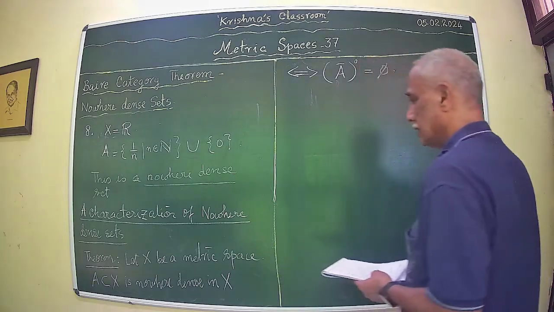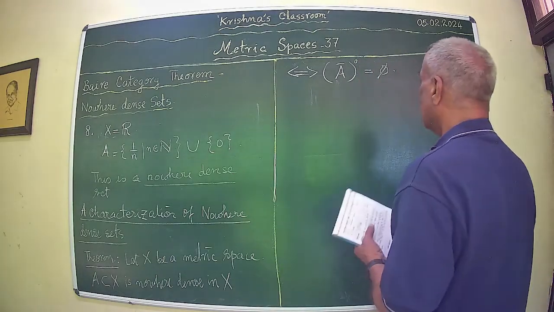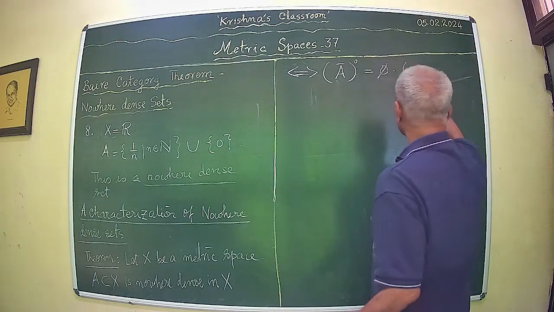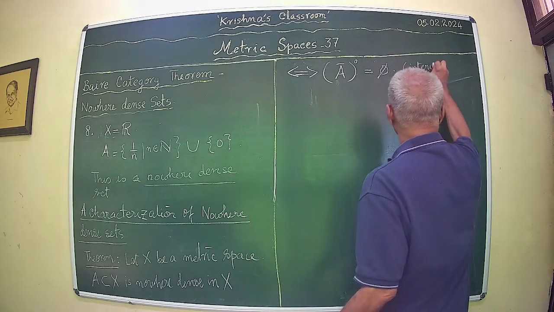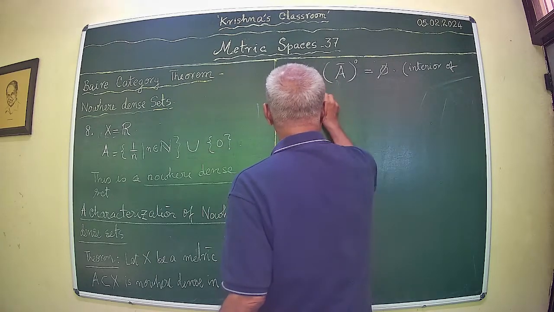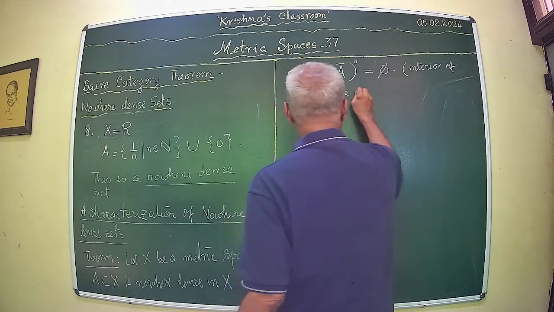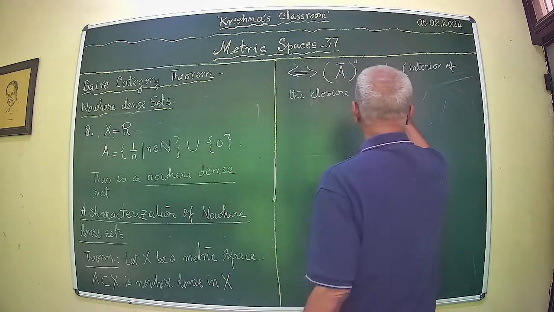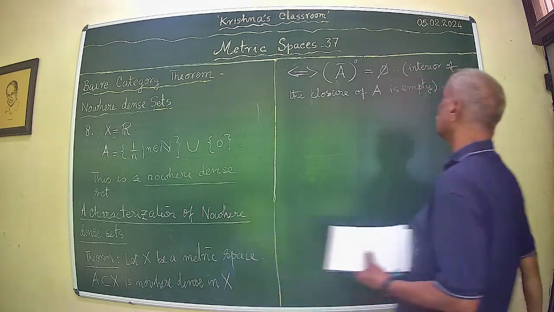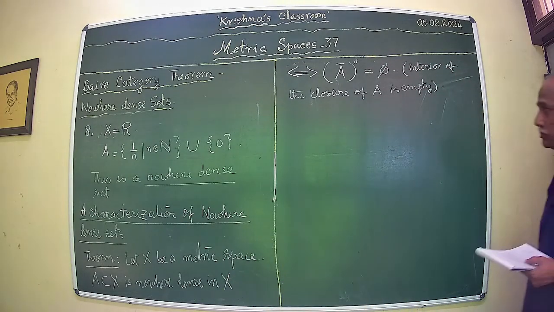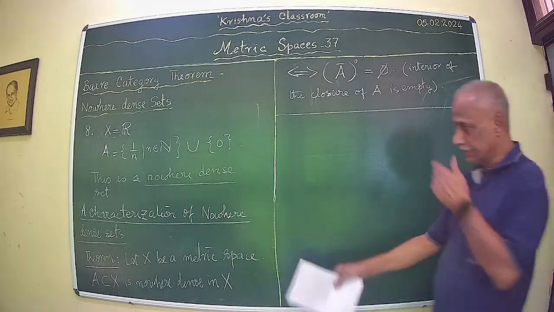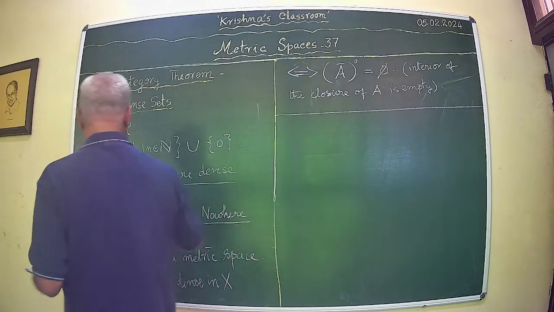Okay, we say that A is nowhere dense if and only if the interior, this is the interior, of the closure of A is empty. That's the statement. Okay, so let us prove this here. Now you can check this in all the examples that we have considered.